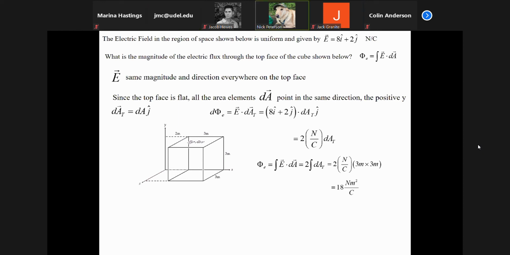And this would be for the rightmost face. If you define the area element to be outward, from inside out, that face would definitely be positive. The other side, closer to the origin, you would get a negative result. The magnitude would be the same, but it would be negative 72.